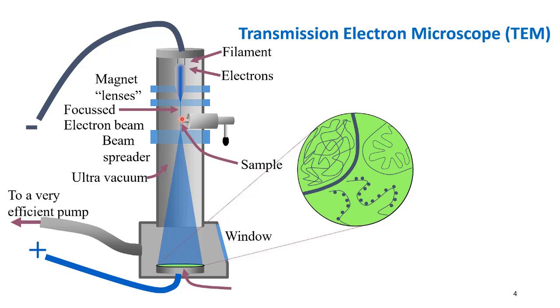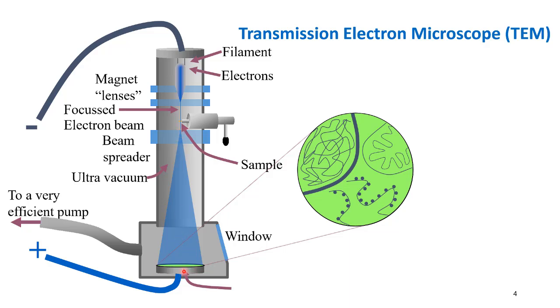We keep the sample over here, which is coated on a very thin TEM grid, which is made of sometimes carbon or copper, and this beam is getting transmitted from the sample and again diverged on this window.